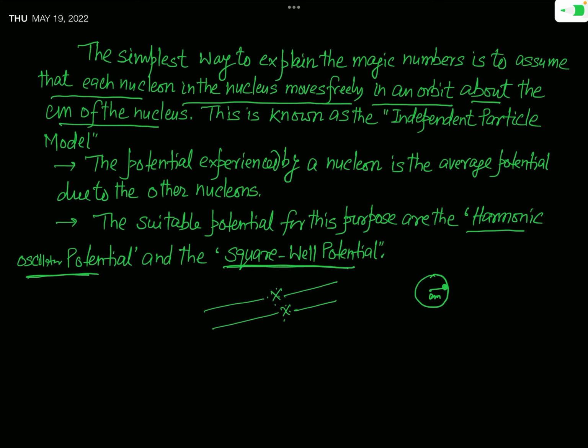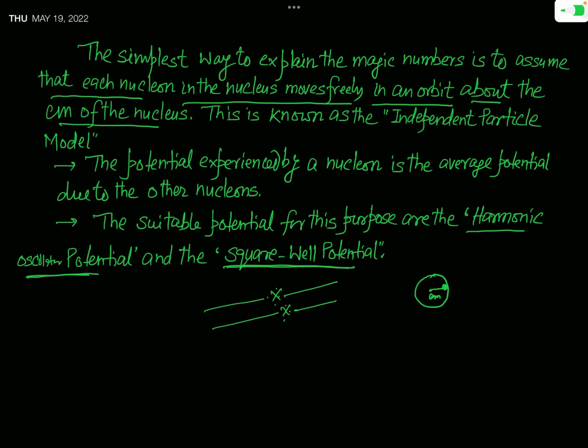So there are two important guesses, and you can say that the suitable candidates turn out to be the harmonic oscillator potential and the square well potential. But among these two potentials, the most commonly used potential is the harmonic oscillator potential. Okay?